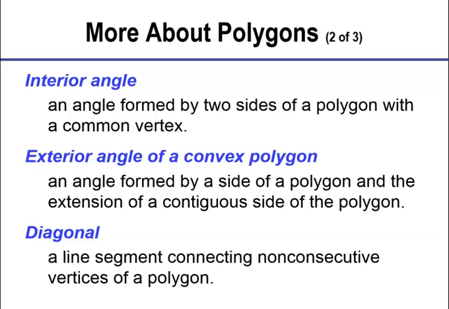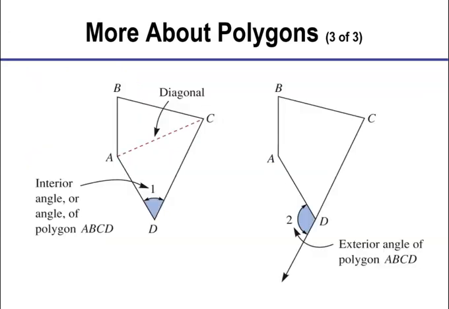All right, so let's look at a picture here. So notice a diagonal, because I'd see it first in the picture. So here is a diagonal, it's a dashed line. Now, I can't have a diagonal from C to B because that is part of the polygon. But if you have non-connecting vertices, then you can draw a diagonal.